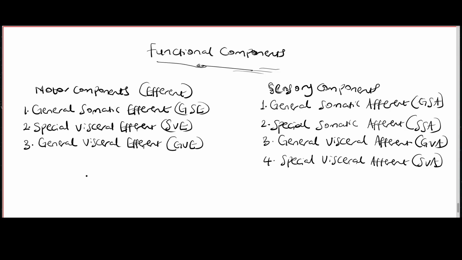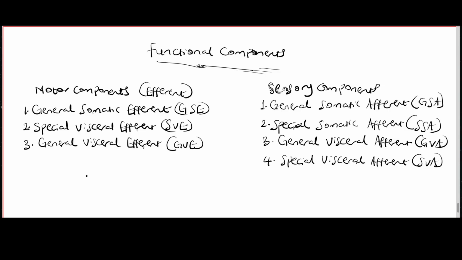So it means that the facial nerve contains different types of fibers, and these fibers perform different functions. Each type of fiber performing different functions makes up the functional components. I hope we understood that.